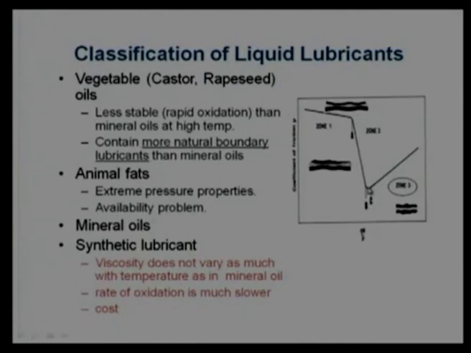So, based on the operating condition, we can choose a lubricant or we can mix lubricant. We say mineral oil can be mixed with animal fats, mineral oil can be mixed with the vegetable oils, or synthetic lubricant also can be mixed with other lubricants. Based on our application, we can choose proper lubricant based on Striebeck curve.